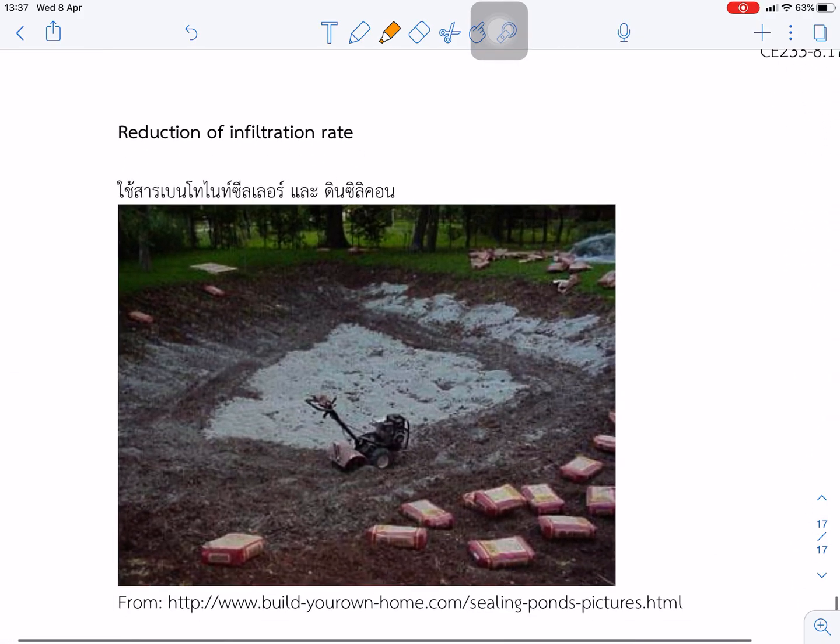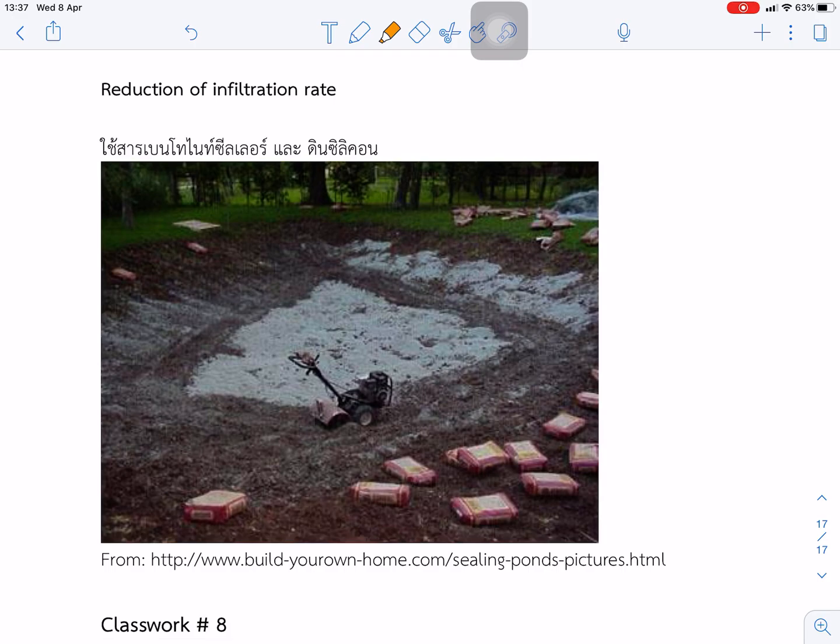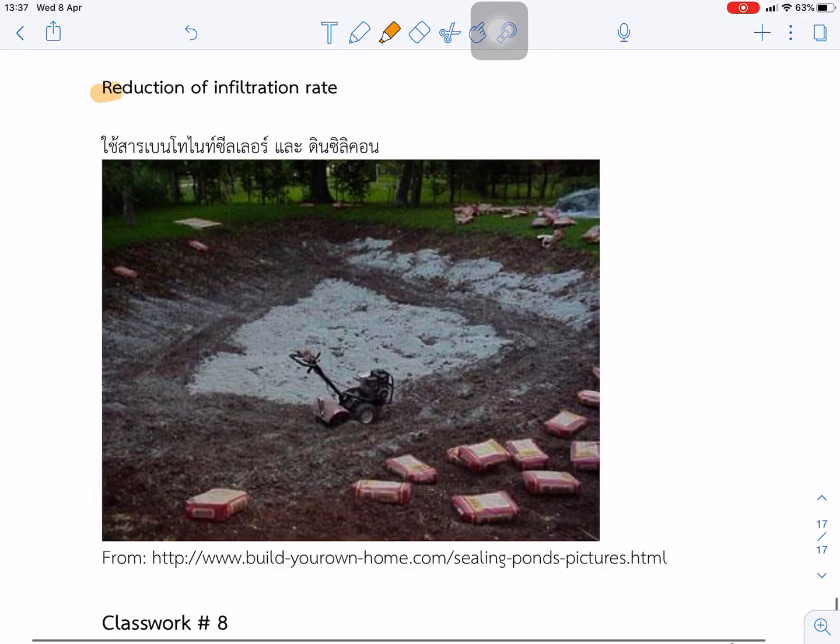And the last topic: if we know that this pond has high infiltration, the question is how can we reduce the infiltration rate to save the water for the community or for agriculture, for the crop.